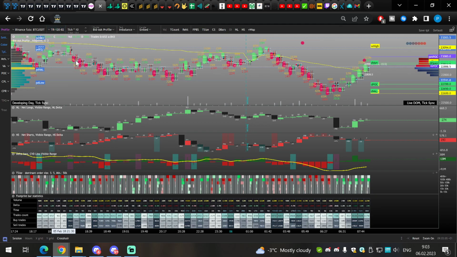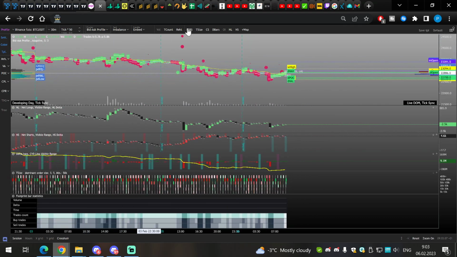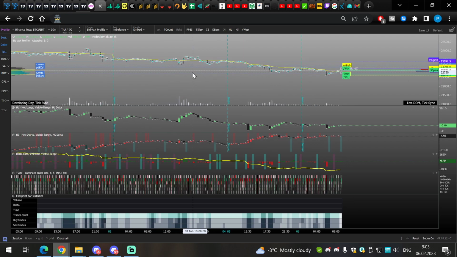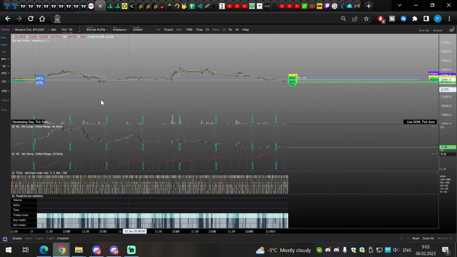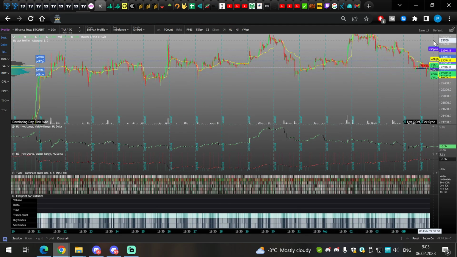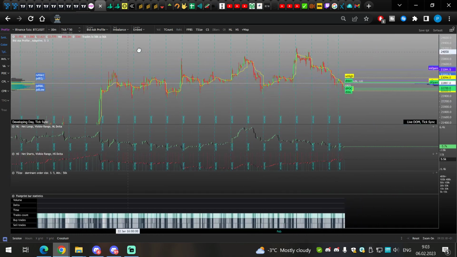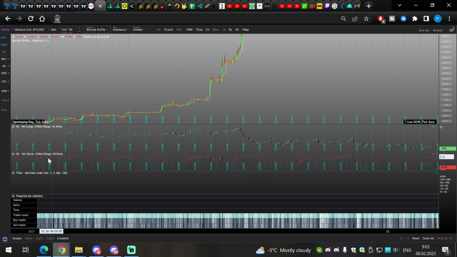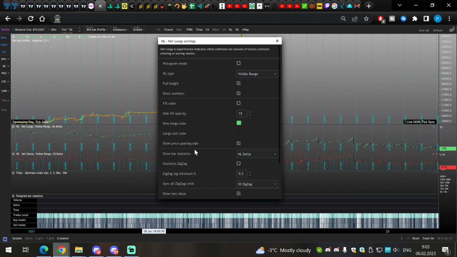Let's go to 30-minute time frame. Let's turn off what we don't need. So rect counter, delta bars. I can turn off sessions so it's not so distracting.